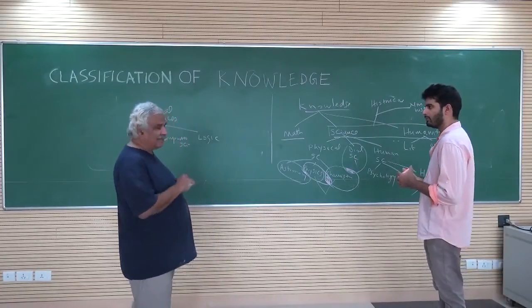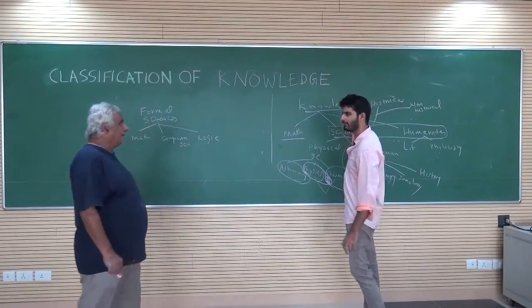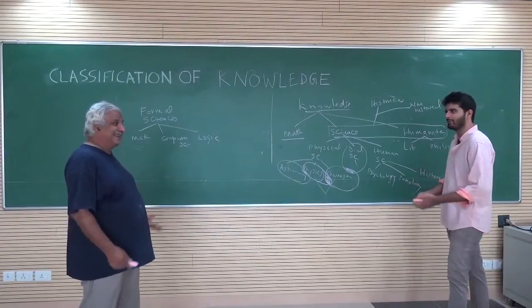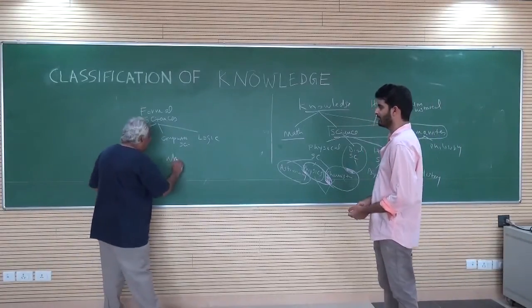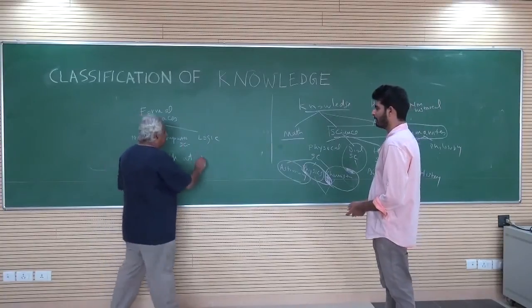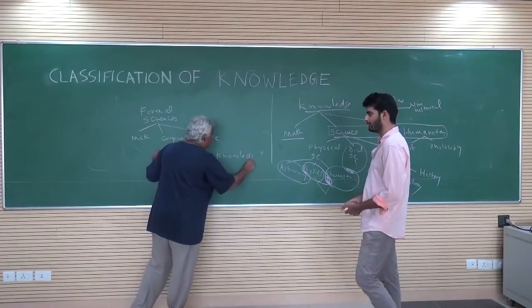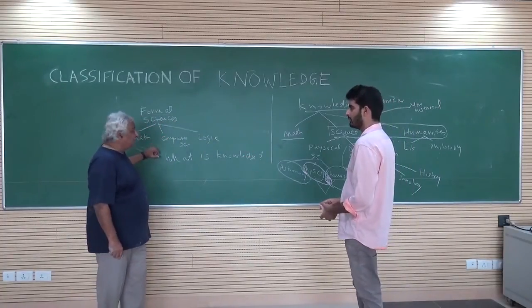So that is why it comes under humanities. Even parallel lines or straight lines are concepts created by humans. If you ask the question, what is knowledge? You're doing philosophy. This is studied under a subdiscipline of philosophy called epistemology.